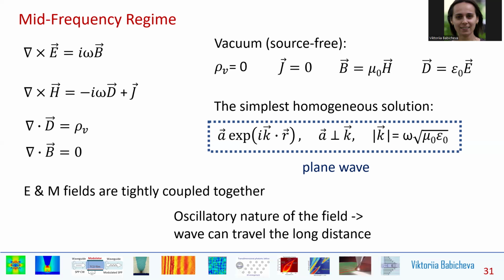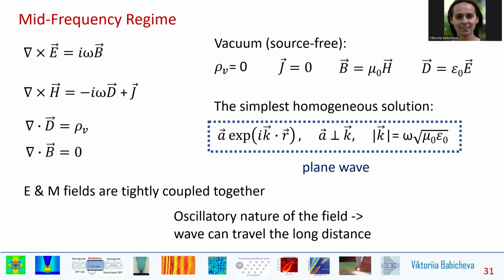The mid-frequency regime is where the electric field and magnetic field are tightly coupled together. It is also the regime where the electromagnetic field becomes electromagnetic waves because of this tight coupling. The field, instead of being smooth as in solutions to the Laplace equation, becomes oscillatory, which is typical for wave phenomena.